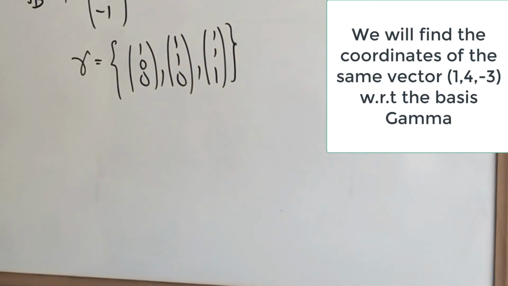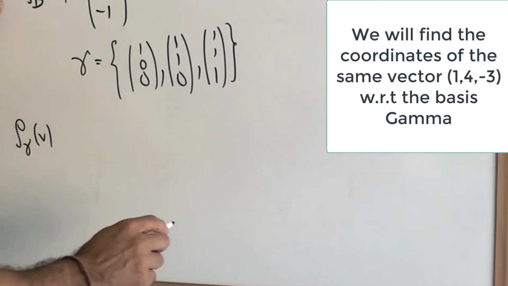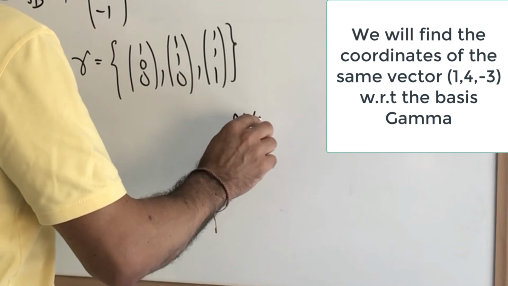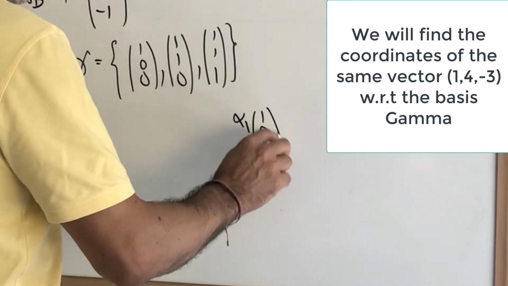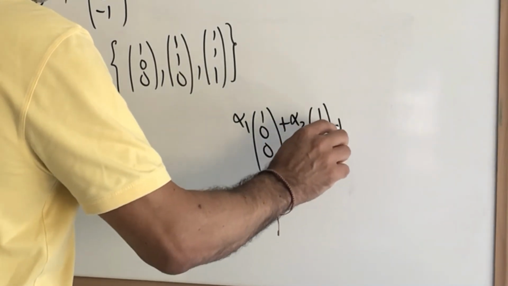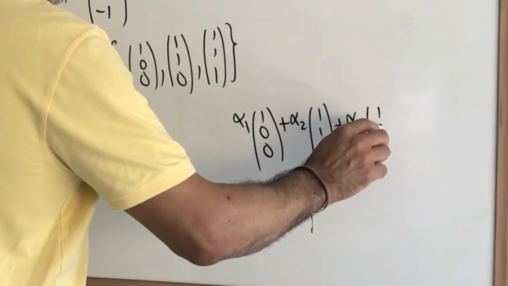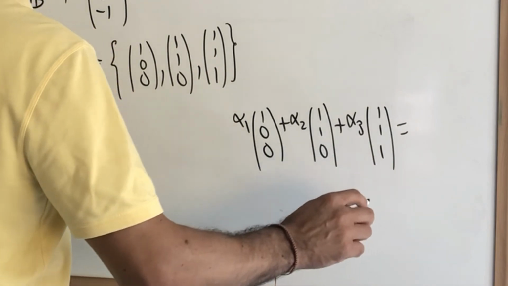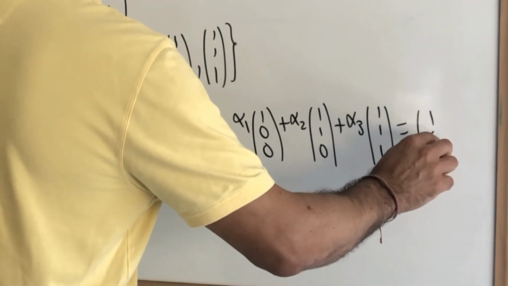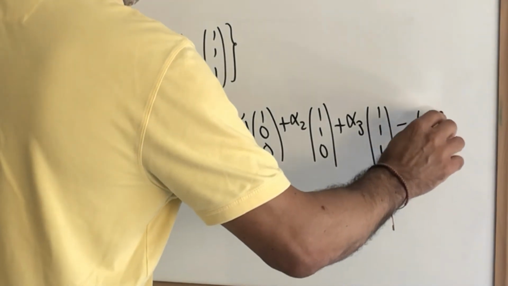Then the representation with respect to this basis of this vector would be the solution of this system: alpha 1 (1, 0, 0) plus alpha 2 (1, 1, 0) plus alpha 3 (1, 1, 1) equal to (1, 4, negative 3).